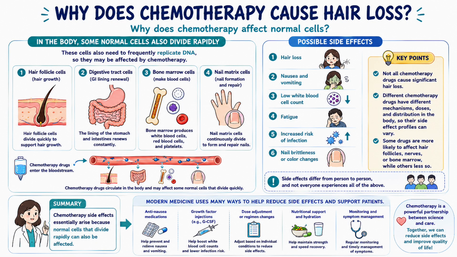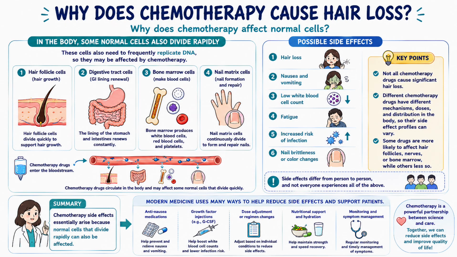We also have growth factor injections that can help stimulate the production of white blood cells and reduce the risk of infection. Doctors can also adjust chemotherapy doses based on how individual patients respond to treatment. And of course, supportive care, including good nutrition, adequate rest, and careful monitoring, remains an essential part of cancer treatment.